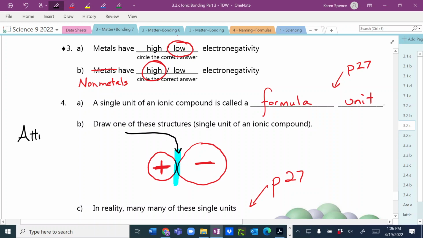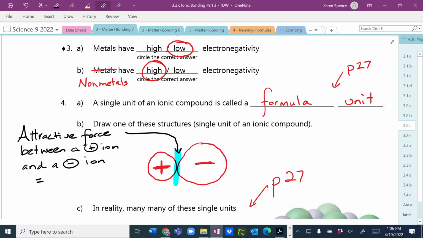The attractive force between a positive ion and a negative ion is an ionic bond.